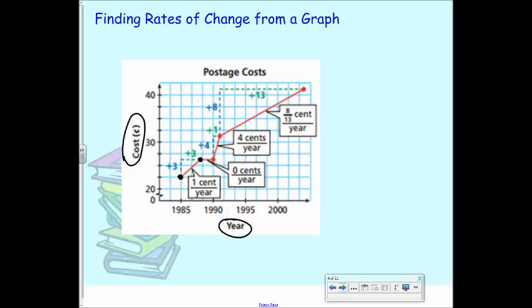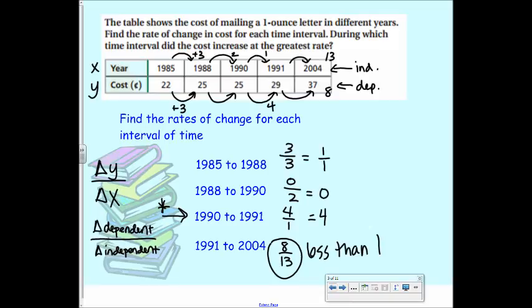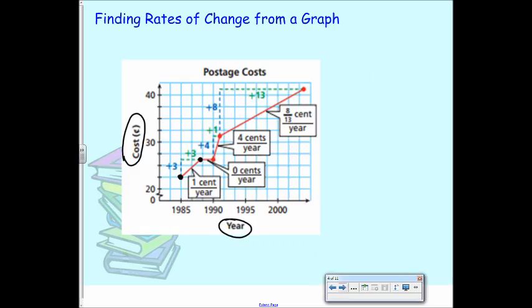So you're going up 3 cents over 3 years. So that's where we got the 1 over 1 from the first one. So if we go back to this, all of this data would be 3 over 3 is equal to 1. So our first rate of change is 3 up and then 3 over. The next rate of change only goes over 1, but how many did it go up? 4. The next one goes over how many?